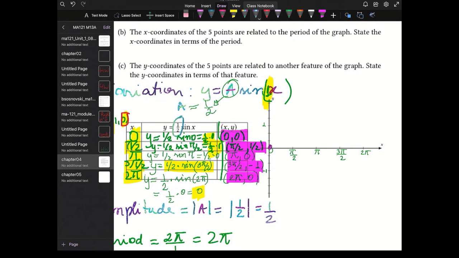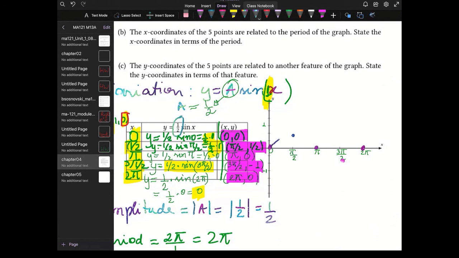The next point is pi over 2 and a half. So a half is somewhere around here, halfway between 0 and 1. And then you have pi, 0. So pi angle, 0 for y. And then you have 3 pi over 2, negative half, which is halfway between 0 and negative 1, somewhere around here. And the next and last one is going to be 2 pi, 0.